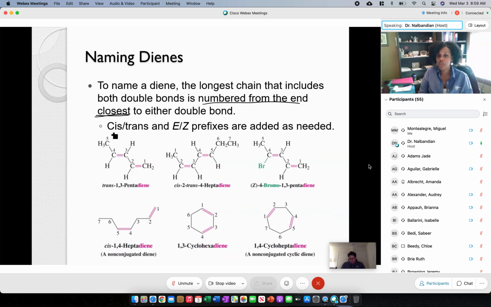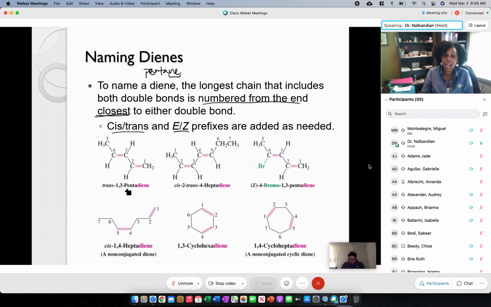We can add in our cis trans, we can add in our EZ for our alkenes. So remember all that, that didn't go away. But we need to give a number for where each of the alkenes are. So here we would drop the -e. We have pentane, we can drop the -e and put diene on the end.